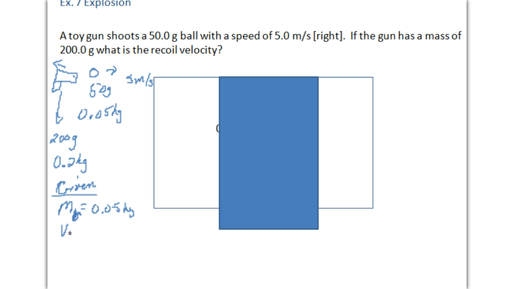The velocity of the object moving to the right is 5 meters per second. Mass of the object to the left, which is our gun. Think left and right. The gun's on the left side. We're told is 0.2 kilograms. And we don't know its velocity, and we have to find that.